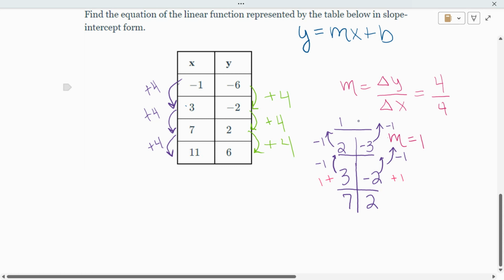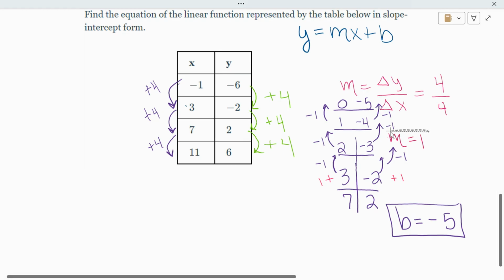That gives me an output of -4. I have to do it again because I need to find out what happens when x is 0. So I'm going to subtract 1. That gives me an input of 0. Subtract 1 on the y side gives me an output of -5. So that tells me that b equals -5.